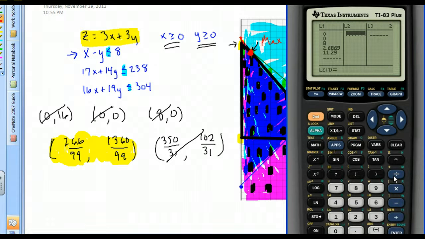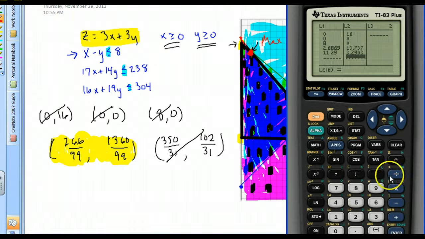Then go over and put all your y's in L2. So 16, 0, 0, 1360 over 99, and then 102 over 31.